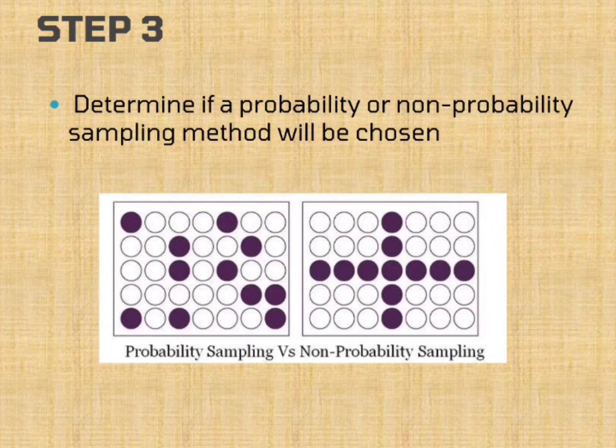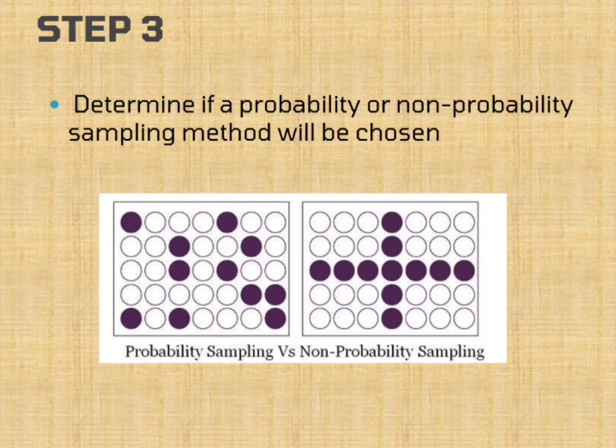Now, the next step is choosing the appropriate sampling technique. In general, sampling techniques can be divided into probability sampling and non-probability sampling. The picture is already given.